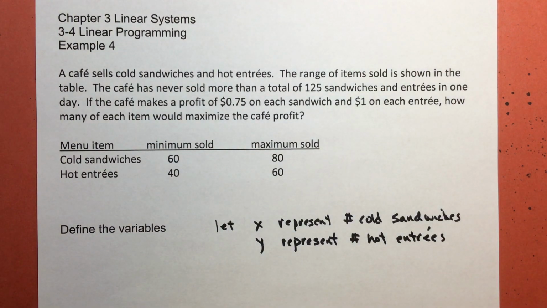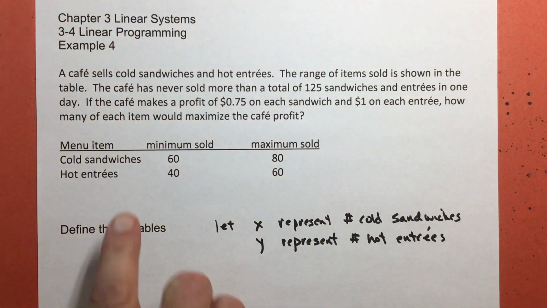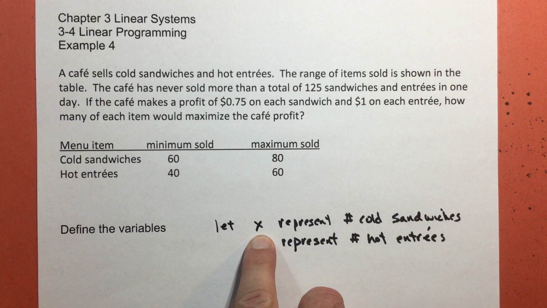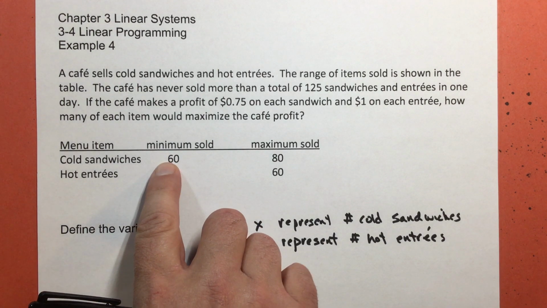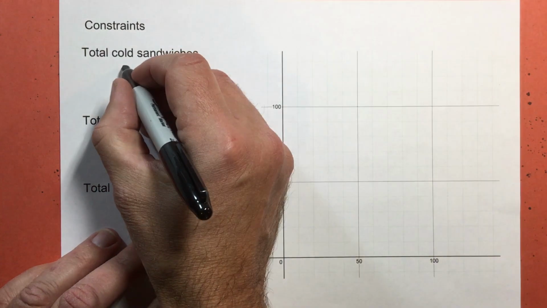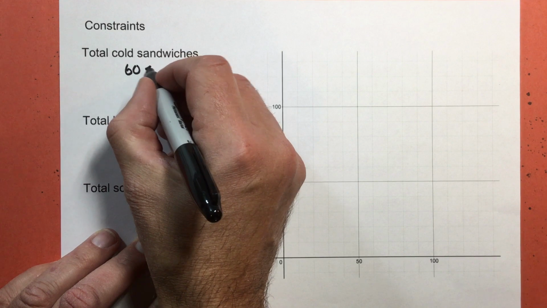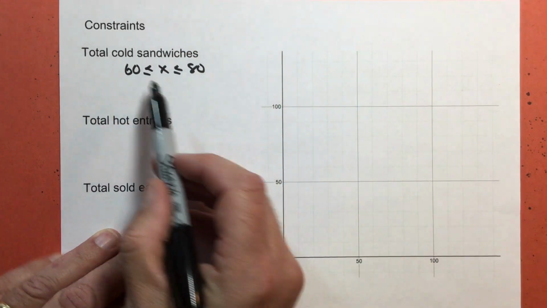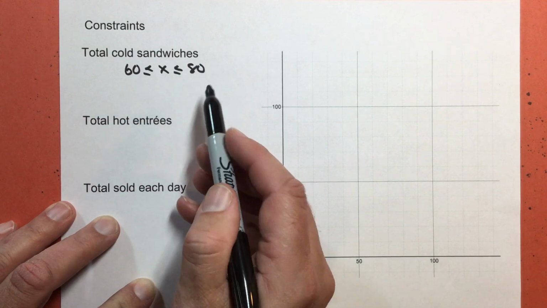All right, let's talk about the constraints. Now the table shows me the constraint for the cold sandwiches. The number of cold sandwiches is going to be x, so x is going to be between 60 and 80. So let's write that down. We say 60 is less than x is less than 80.